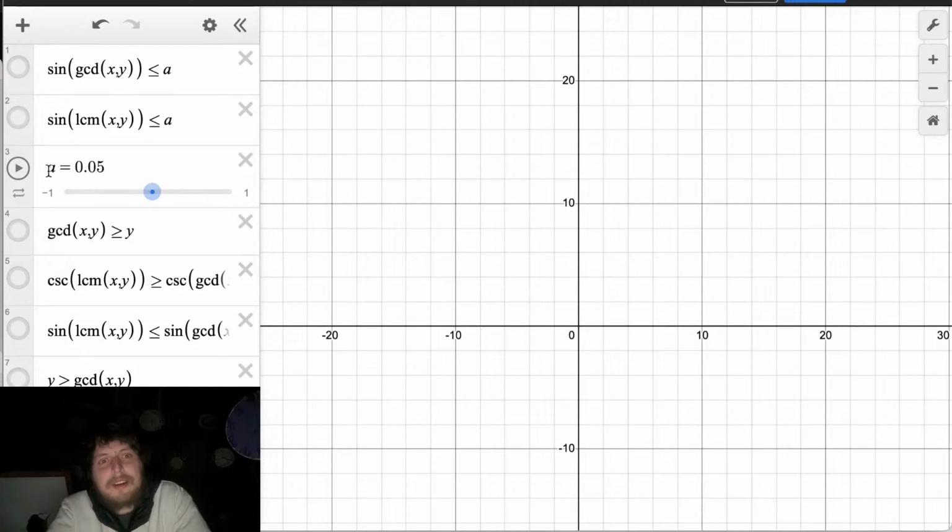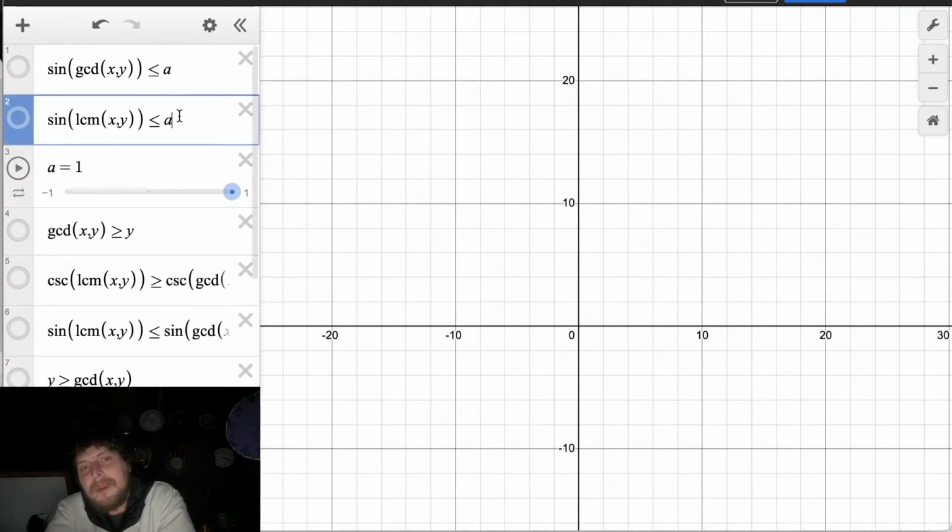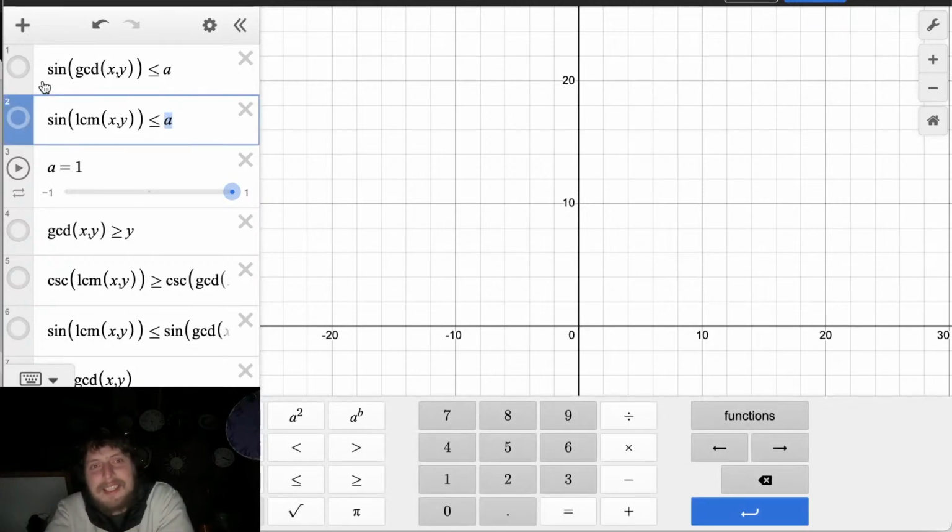Here we have a slider for A, and you may be like, that's weird, why is it just going from -1 to 1 with a really precise rate in that small range? But that was the range that was interesting for these. We can change A to have a larger range with less precision if we need to, but I already tried these.